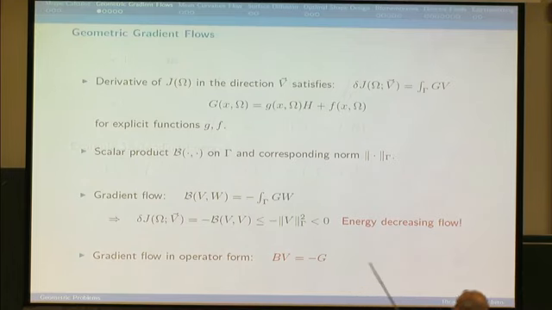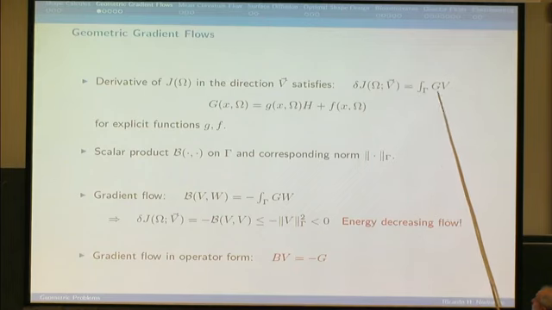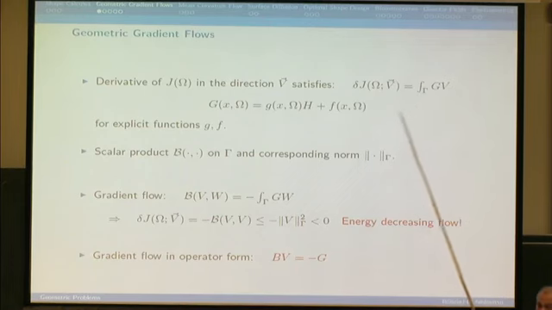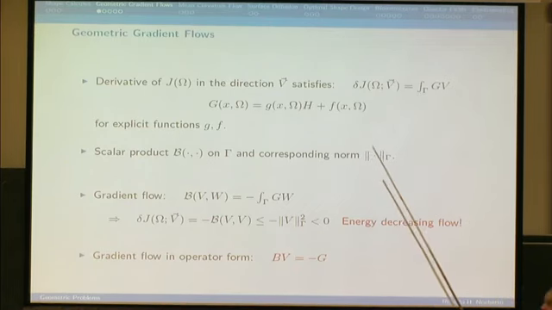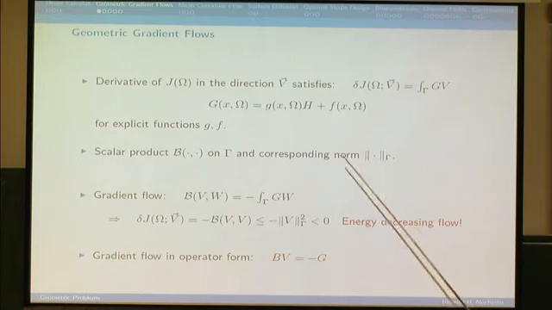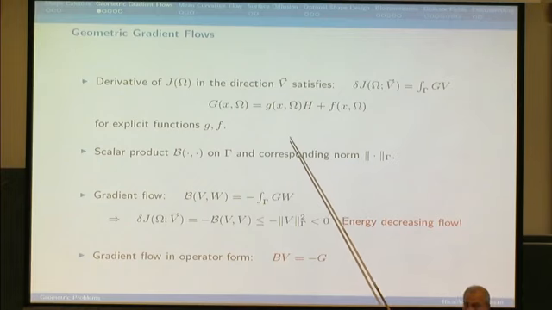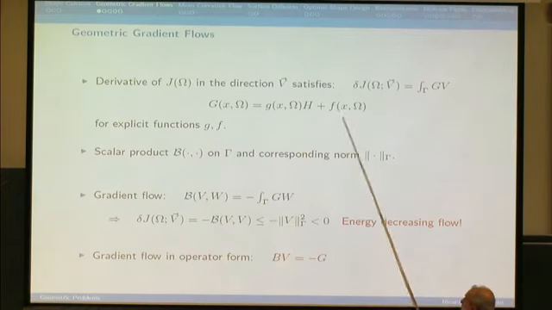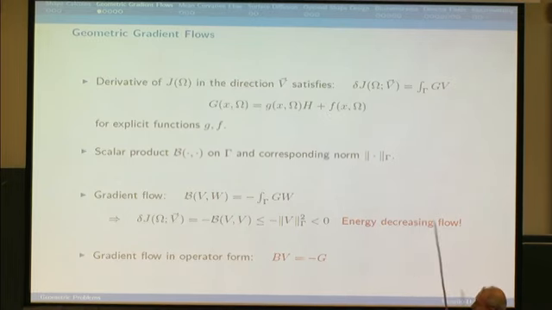Now, about gradient flows. I showed you examples where the shape derivative can be written as G times V, where G is a multiplier of the velocity, which I call the shape derivative. Typically, in the examples that I'm going to mention later, they are of this form: a function times H plus a function. You will see the examples.